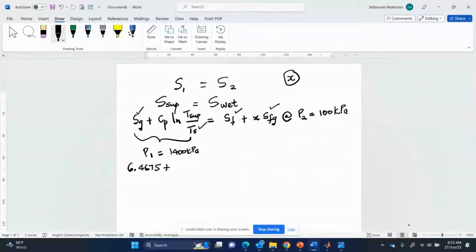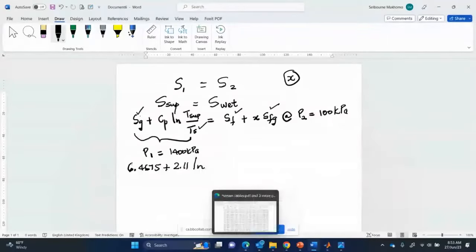Cp is given as 2.11. And then ln of, where is the T superheated?